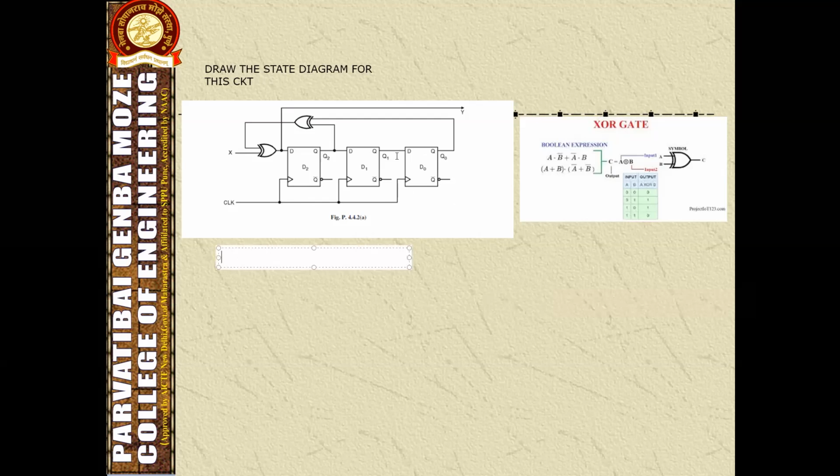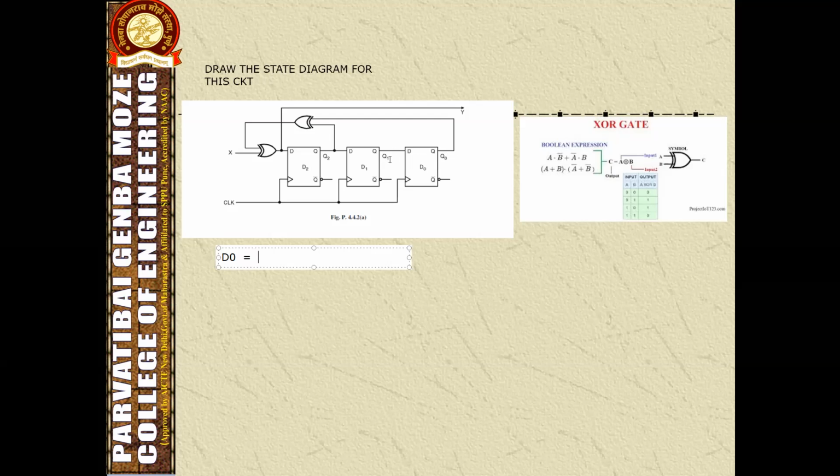So let's consider this D0 flip-flop. Whatever input is available after every clock cycle, it will provide at the output.